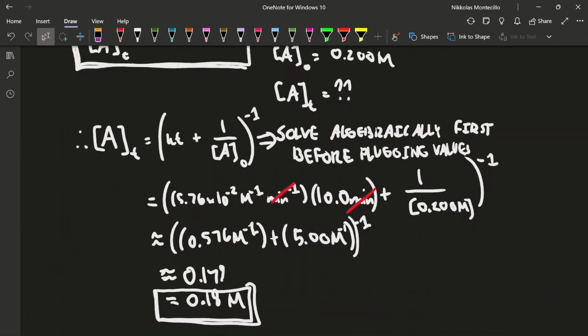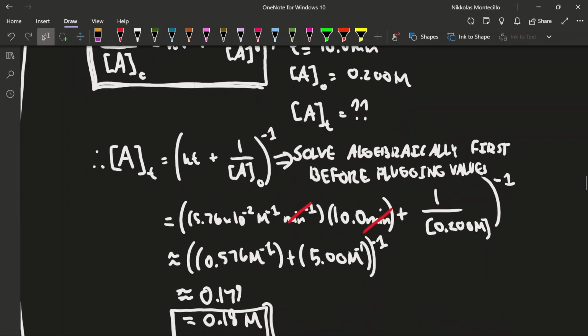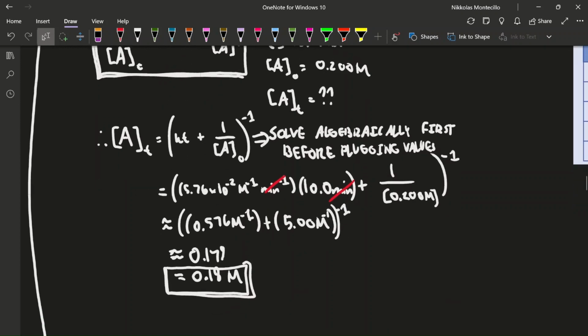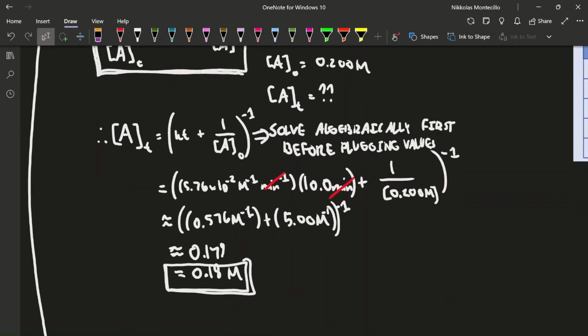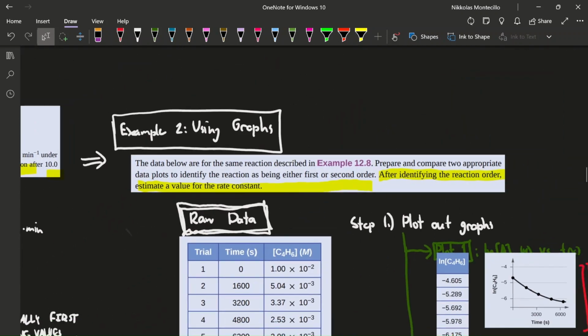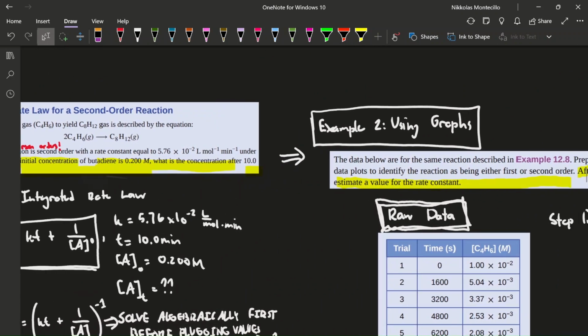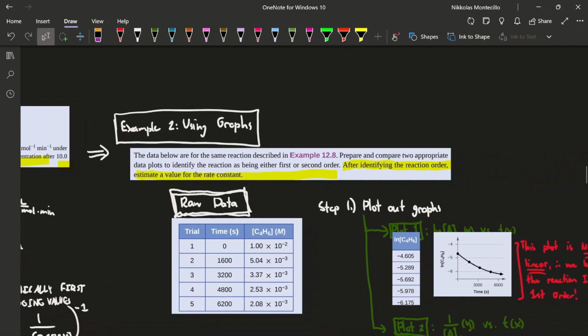What I meant to say is that just upon completing this example, it's important that whenever we're solving for any variables, we want to solve algebraically first before plugging any values into the formula, before solving for a given symbol or variable. Okay? So moving on to the second example of second order integrated rate laws.